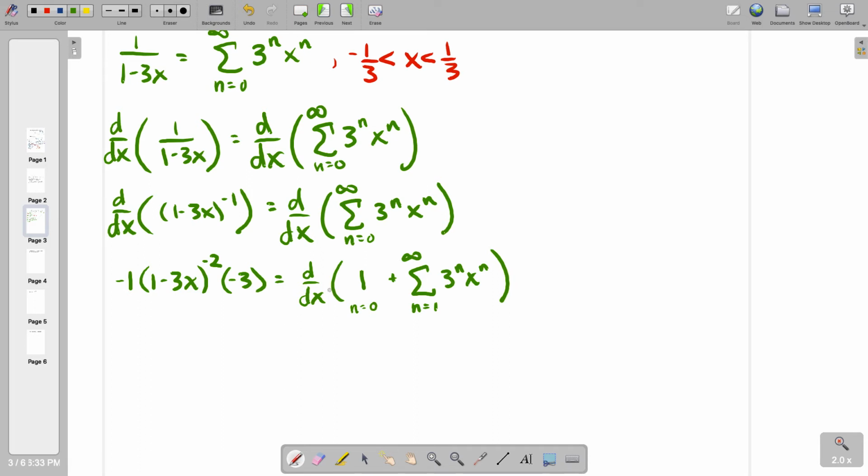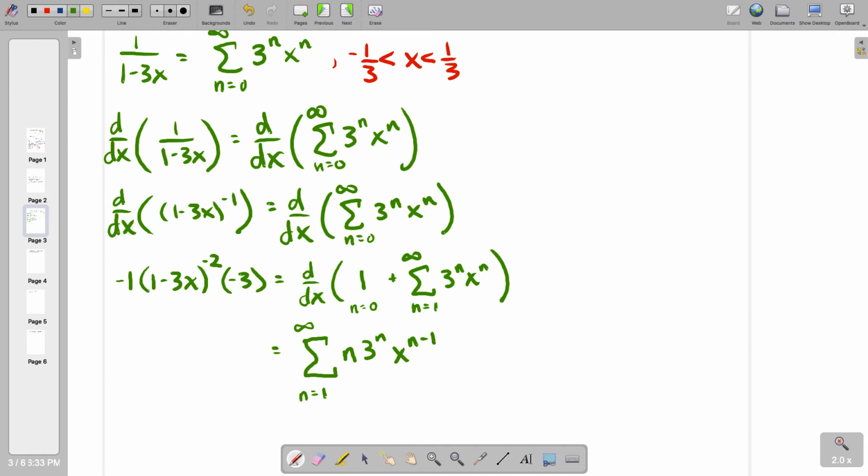So we have to understand that when we take the derivative of 1, it becomes 0. It goes away. That's why when you apply the derivative formula over here, you want to start it at n equals 1 instead. So bring the n down, 3 to the n, and then x to the n minus 1.